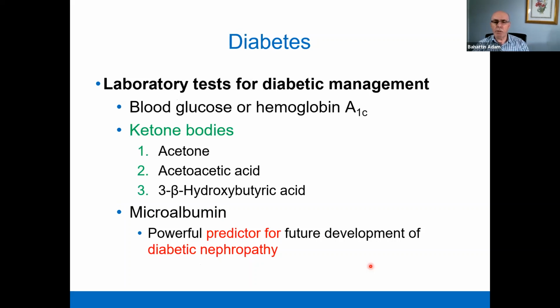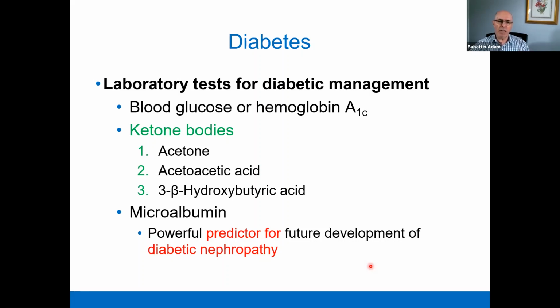Okay, other laboratory tests for diabetic management: blood glucose, hemoglobin A1C, and ketone bodies, which are important if you think the patient has type 1 diabetes or acute hyperglycemia of type 2 diabetes.